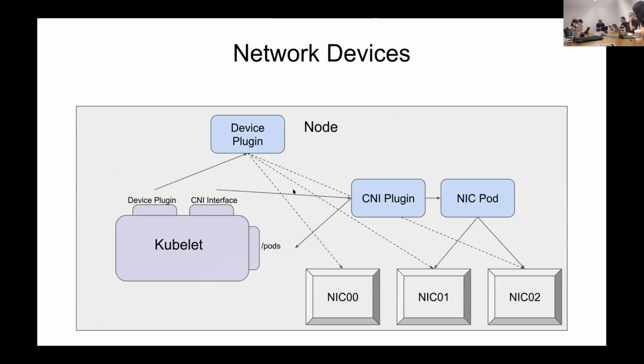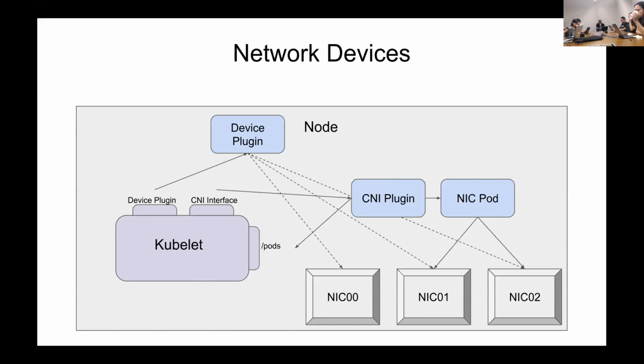And then the CNI plugin, and actually you would have to use what are called CNI meta plugins, which is a plugin to the CNI plugin, to, one, be aware of your devices. So you would have a plugin to the CNI plugin which, for example, understands a certain type of FPGA or something.